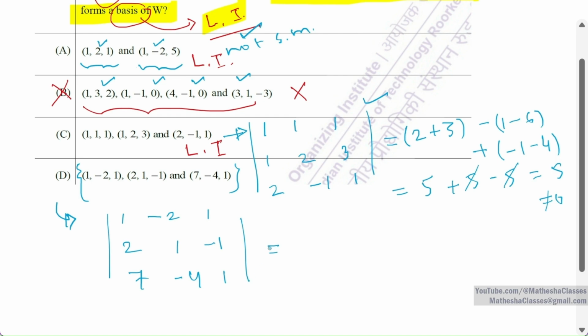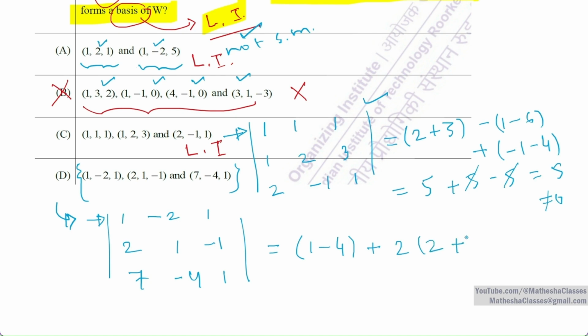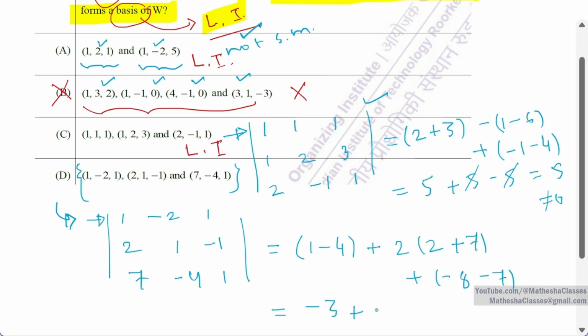Now if we expand it again about the first row, we'll get the first term as 1 minus 4, the second term as twice 2 plus 7, and the third term as minus 8 minus 7. So that will be equal to minus 3 plus 18 minus 15.